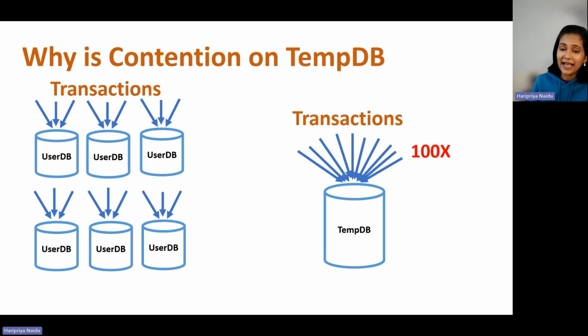Not just that, hash joins, merge joins, sorts, variables, or even the version store when you use read committed snapshot isolation level. For everything, TempDB is used. You will see the workload getting 10 times or 100 times more on TempDB, and no wonder contention occurs. So that is why we are discussing contention on TempDB today.